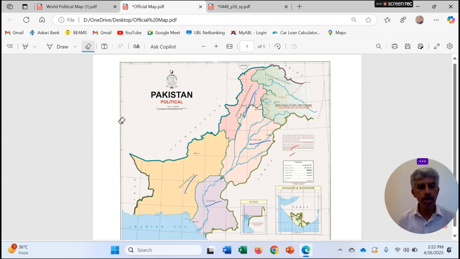And now talking about the major cities of Pakistan. All these major cities are given on the first page of the map of your textbook, The Environment of Pakistan by Humayun Sethi.